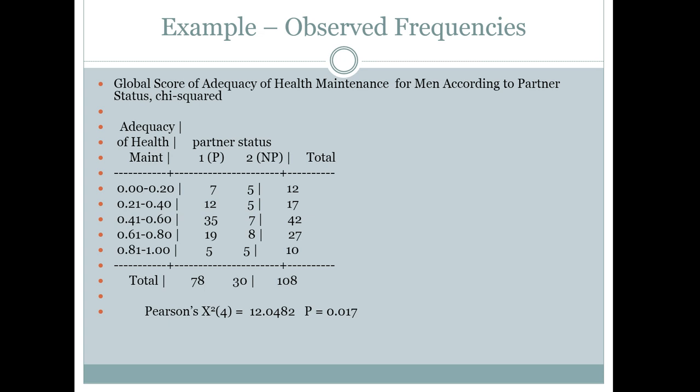And then the second quartile is the one that has a score of 0.21 to 0.4. And then, of course, those who are really super compliant are the ones that scored, you know, 18 out of the 20. And so they belong to 0.81 to 1.0. So they belong to the top quartile.